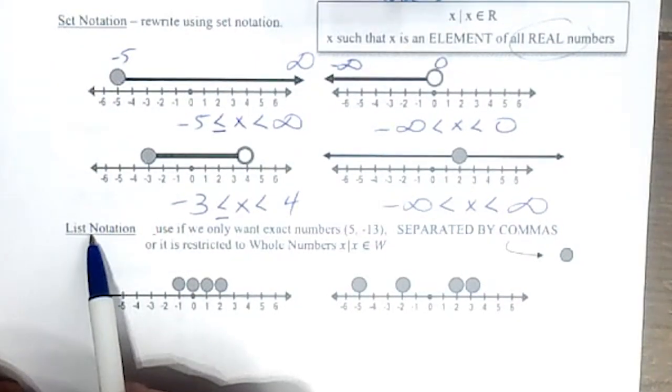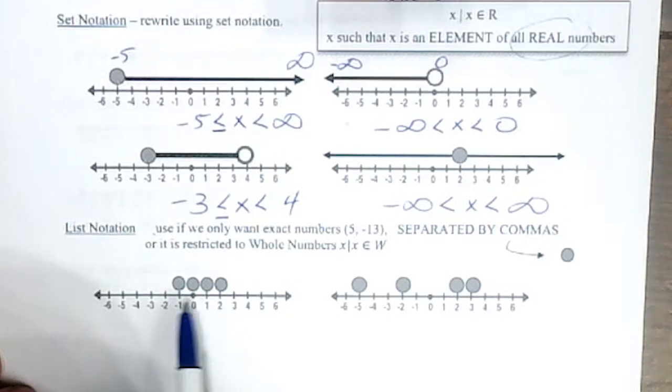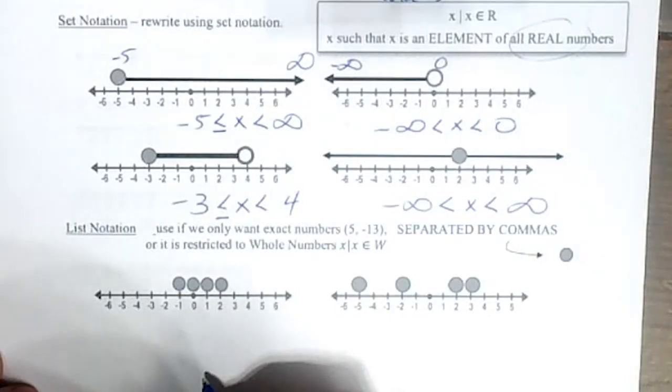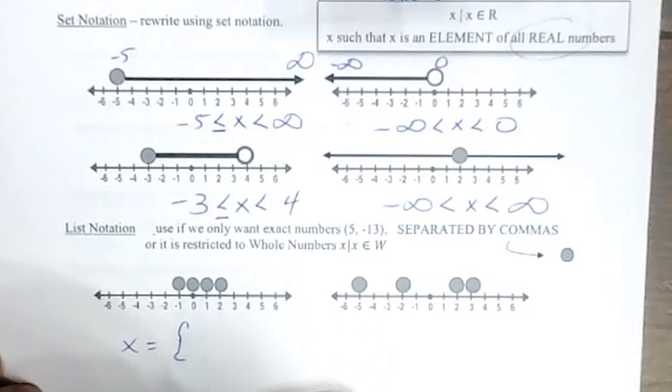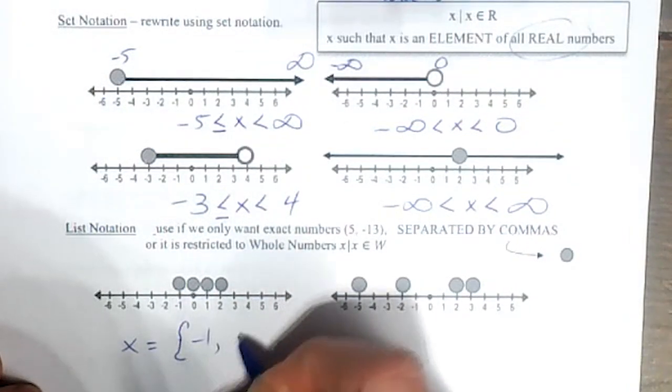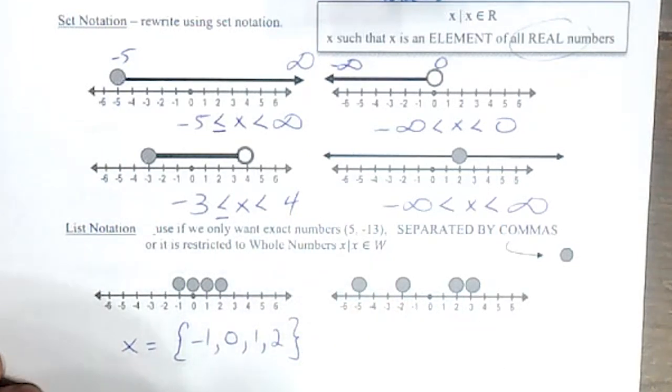And the last one is list notation. There's no line on this, so we only have these 4 values. There's no inequality needed. So this one, just going to use brackets and list with commas all the possible options.